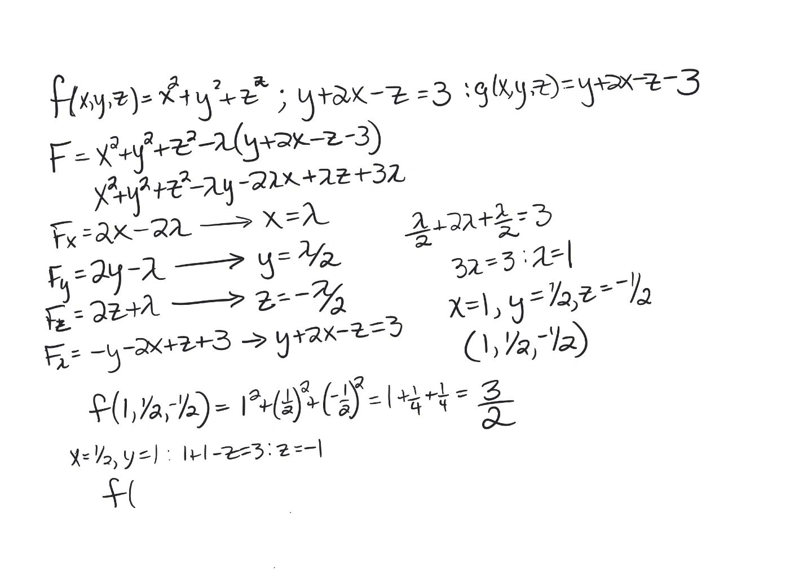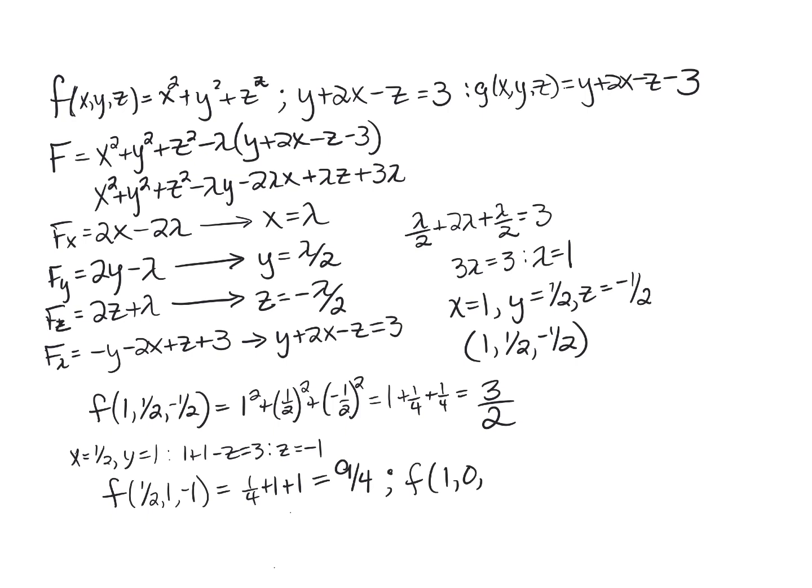So if z is negative 1, plug it into the original function, and I get 2 1/4, which is 9/4. You notice that 9/4 is bigger than our value at our critical point. So we have one example of this being a minimum.